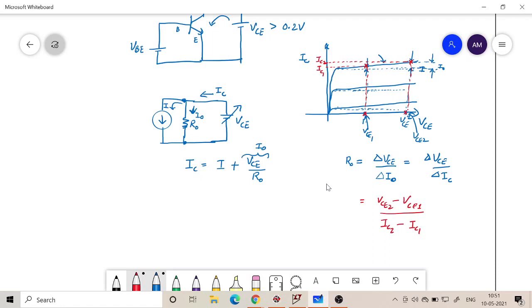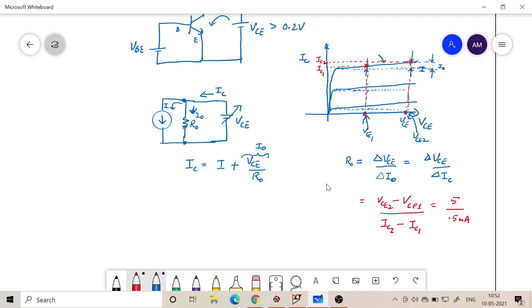But if you are taking 2 points, you can always take this ratio directly, change in voltage over change in current. So this voltage change may be something like 5 volt, and the current change may be maybe some milliampere. Maybe half milliampere. So a typical value may be something like 5 divided by 0.5 milliampere.